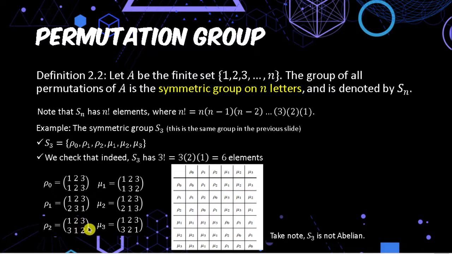So, two transpositions still. So, our alternating group is the set containing rho sub 0, rho sub 1, rho sub 2. So, these are the odd permutations that we removed to form A sub 3, the alternating group for S sub 3.